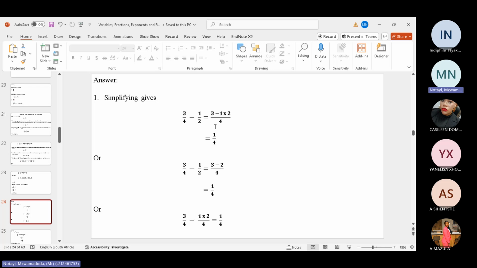And then how many 4s in 4? There's 1. 1 times 3 is equal to 3. And then 2's in 4, there's 2 multiplied by 1, which is 2. So 3 minus 2 is equal to 1. So the answer is 1 over 4.